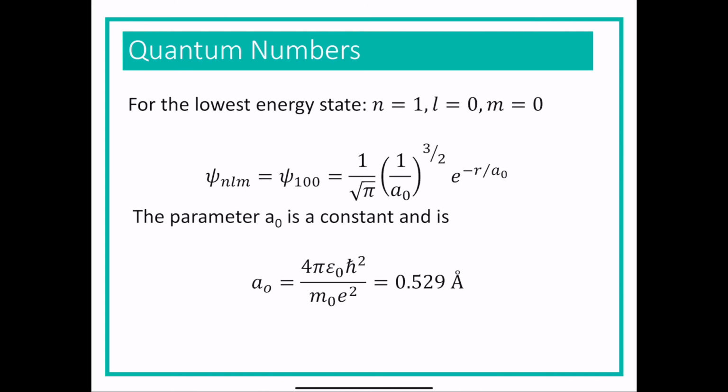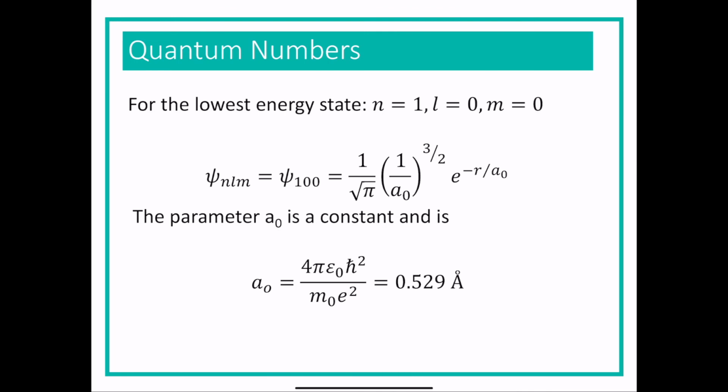Let's say we have a wave function at the very lowest energy state, where n is 1, L is 0, m is 0. And if we were going to figure out the value of the wave function for that, again, we're mostly dealing with constants, but we have a0 as, well, that's where all those 4 pi permittivities, Planck's constant, all those got bundled into that.